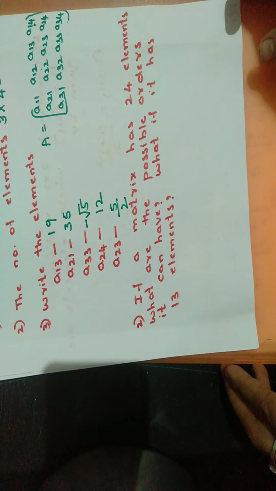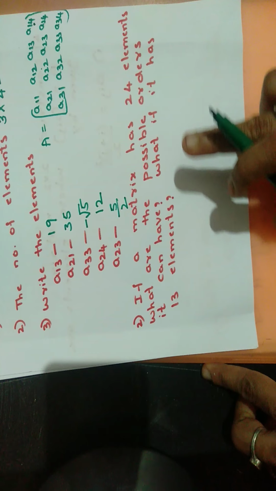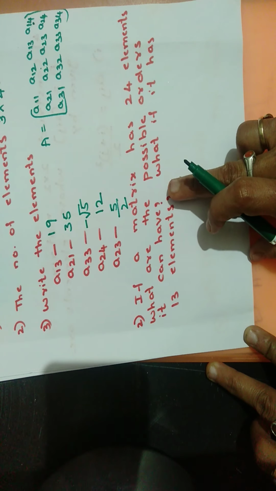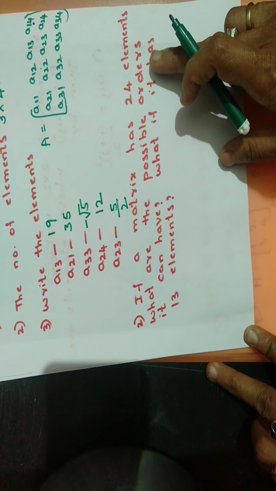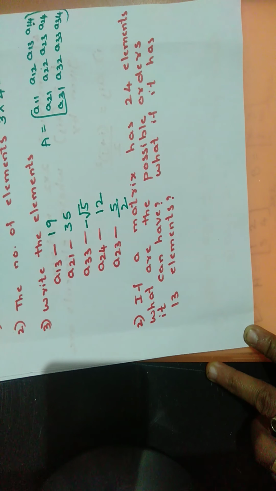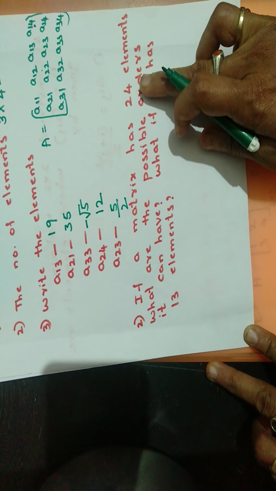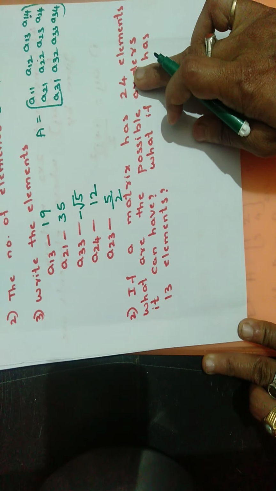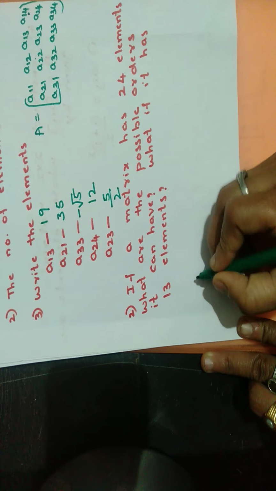Okay. Next question. See the question: if a matrix has 24 elements, what are the possible orders it can have? In the last example, 12 elements were there; here, 24 elements. So how many rows and how many columns can we arrange?